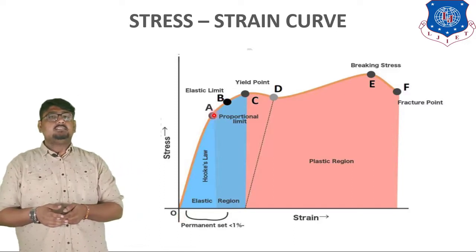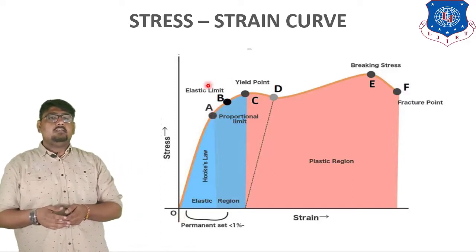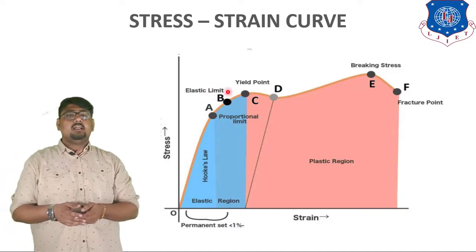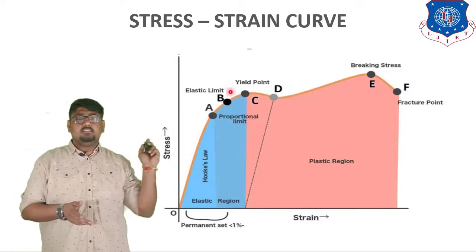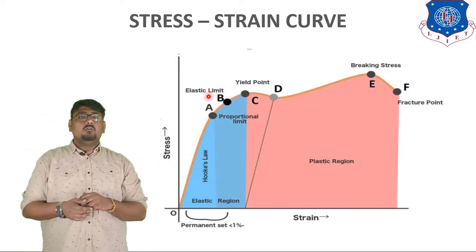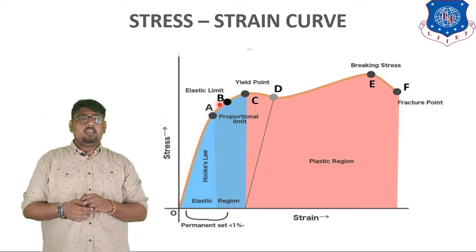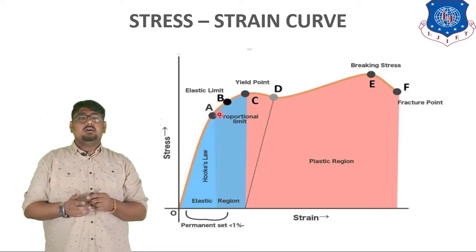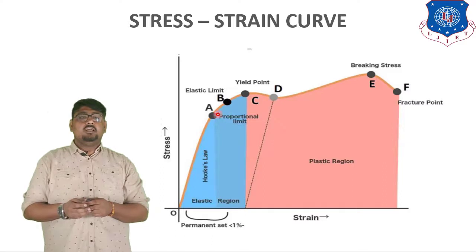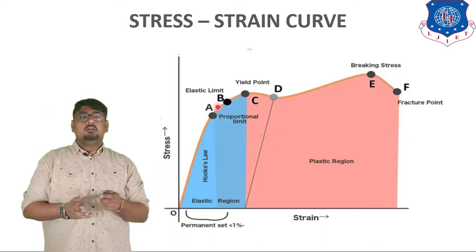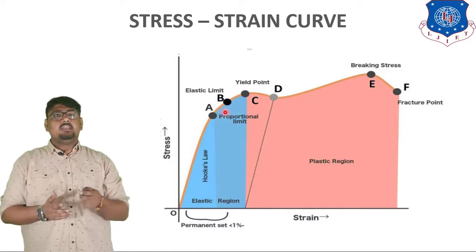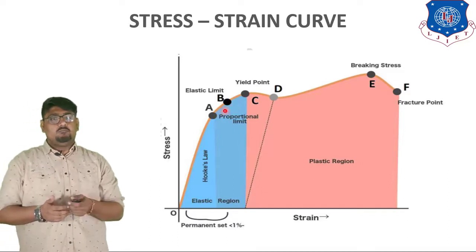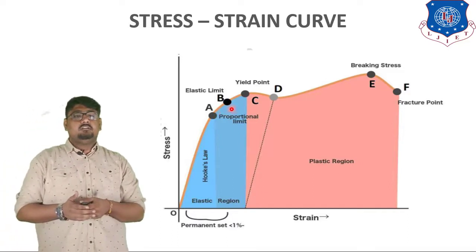Now the second is the elastic limit. At point A, the curve deviates from the straight line and the graph from A to B is non-linear, as you can see in the figure. If the load is increased beyond point A up to B, the material behaves in an elastic manner, meaning on the removal of the load, the whole deformation will vanish and the material will regain its original shape because of its elastic nature.